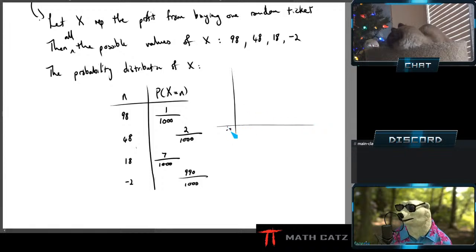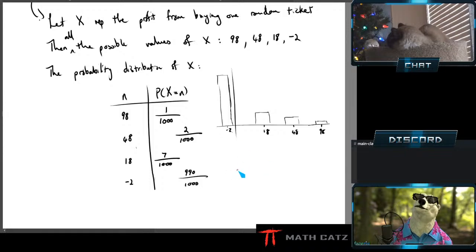I'm going to have to put -2 over here, and then maybe 18 is over there, 48, and 98. So I have a very teeny tiny, I'll just do little bars like this, very teeny tiny 98, and a slightly higher 48, and a slightly higher 18, and then boom, very likely in comparison, -2. Still doesn't quite capture something that I can quickly use to analyze this situation.